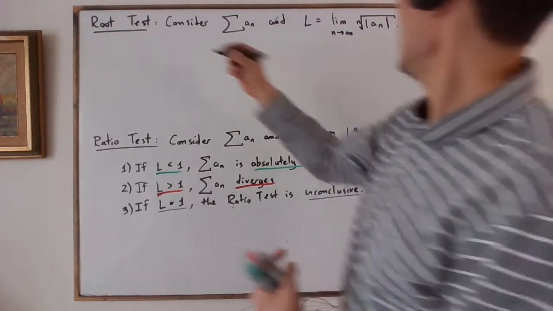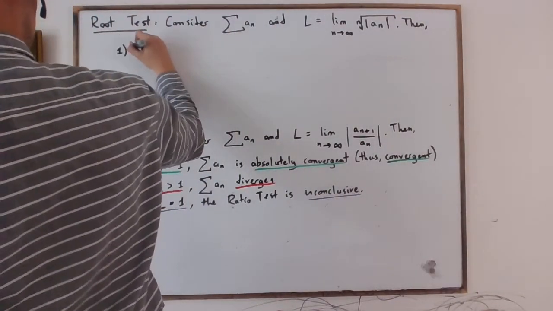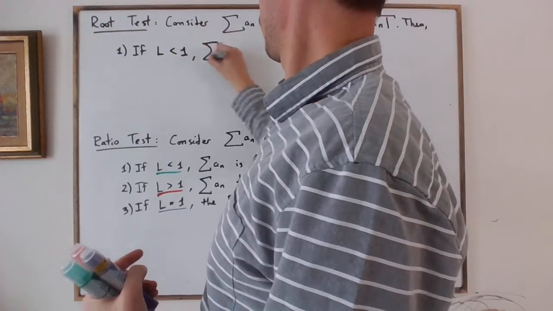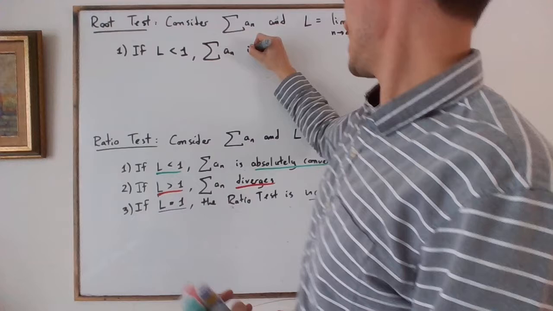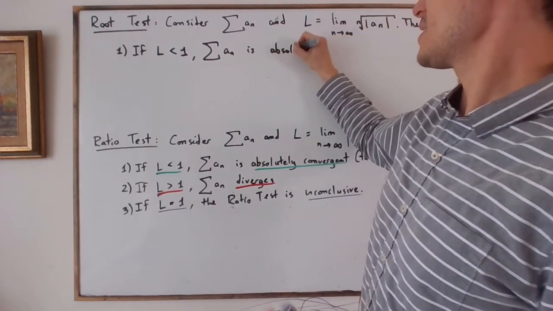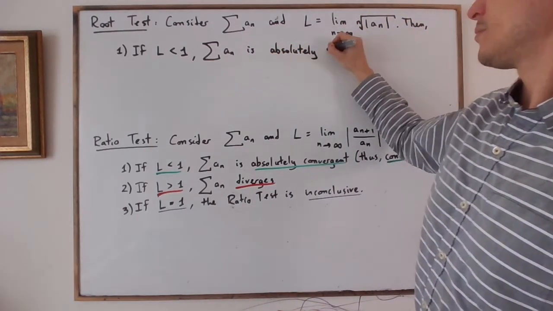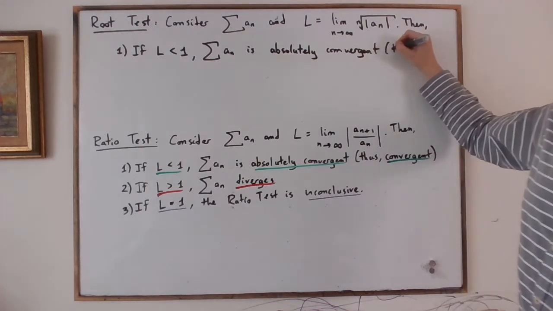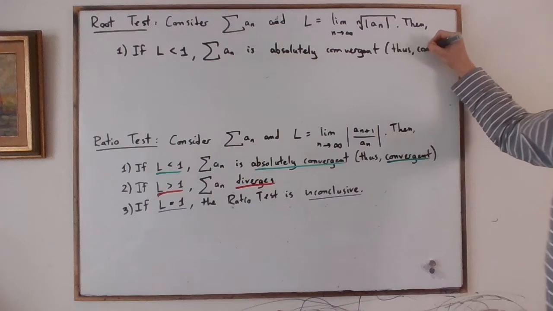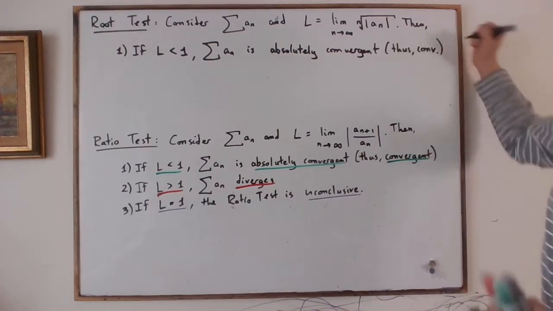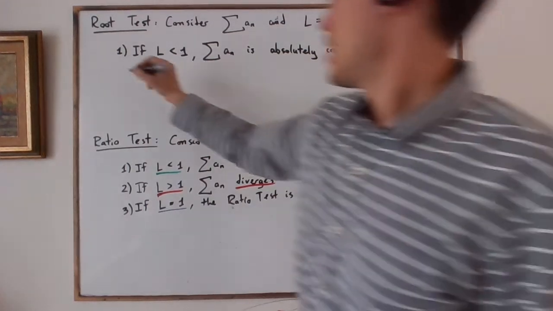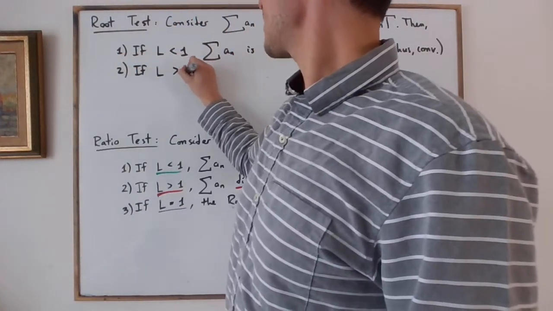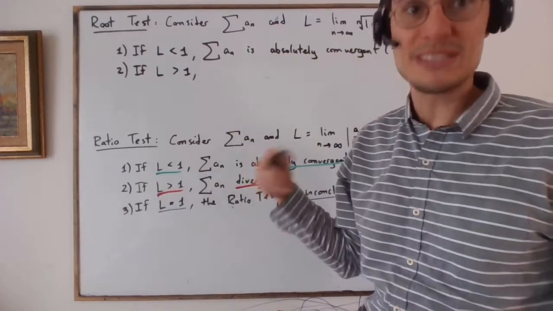Then, okay, number one, if L is smaller than 1, the series is absolutely convergent. Thus convergent. I'm not going to say the full word here. Number two, if L is greater than 1, but keep in mind this includes the infinity case.